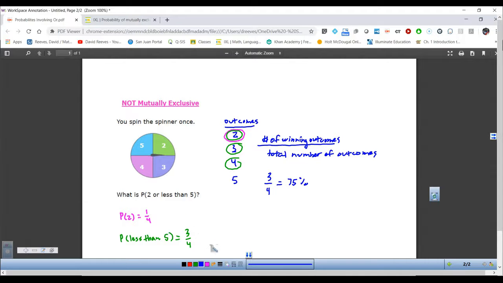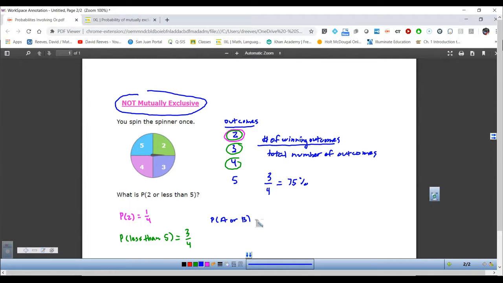All right, but what about the formula? What would we do here? There's got to be a formula way. So if we're talking not mutually exclusive, then what do we get when we do the probability of A or B?